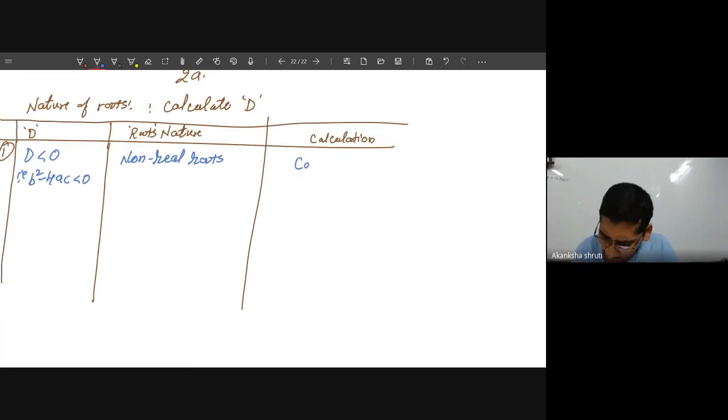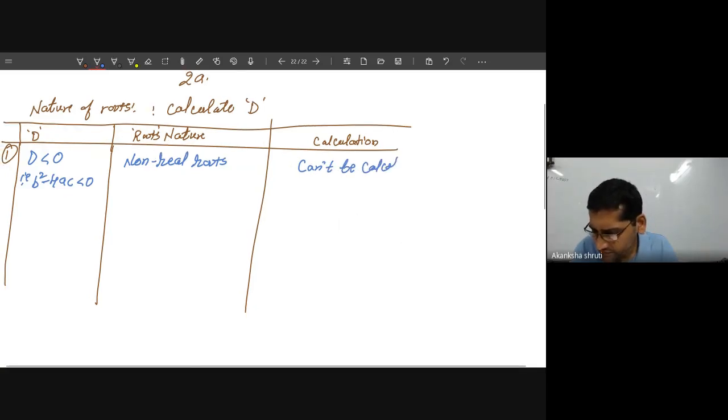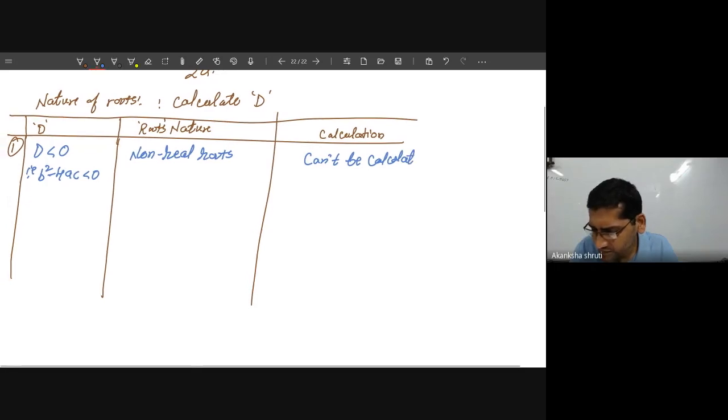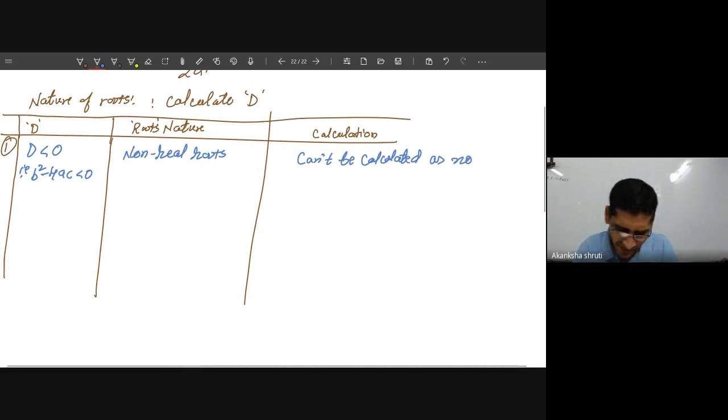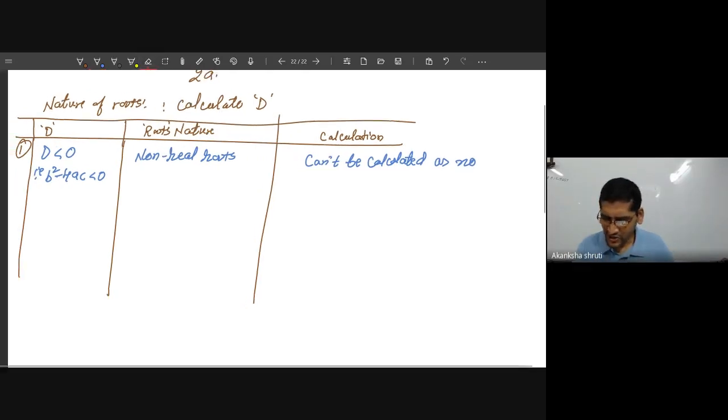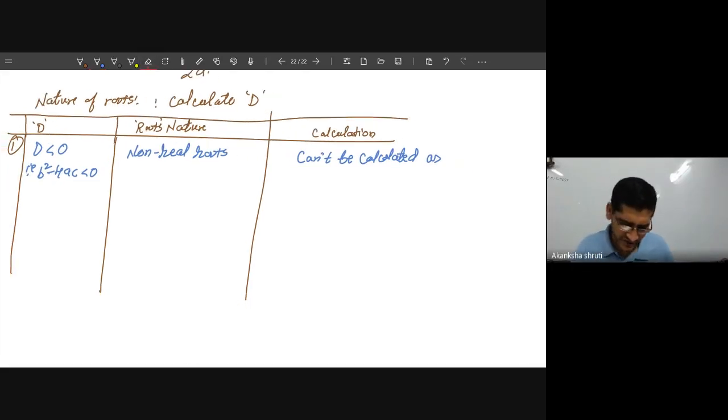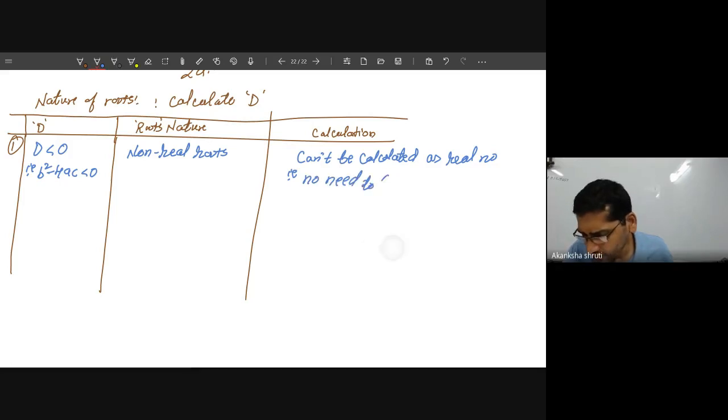The root cannot be calculated as a real number. You will not get any real number, so there is no need to calculate the root. Keep that in mind.